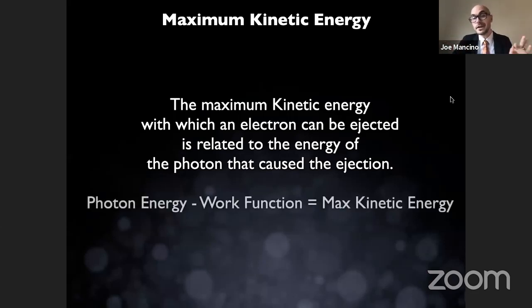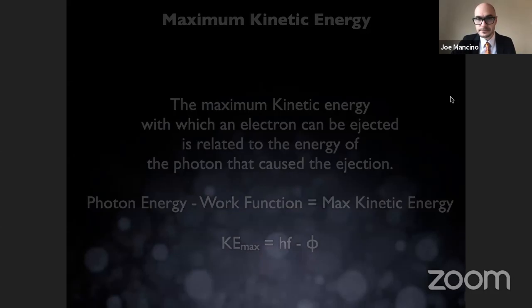So the incoming photon energy minus the energy cost of liberating that electron is the maximum amount of kinetic energy that electron can have: the incoming photon energy, that's hf or hc over lambda, minus phi, that work function.